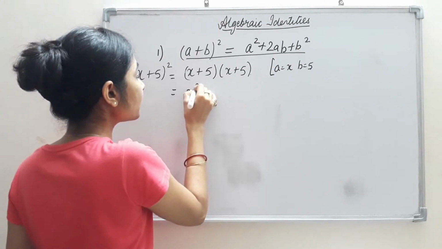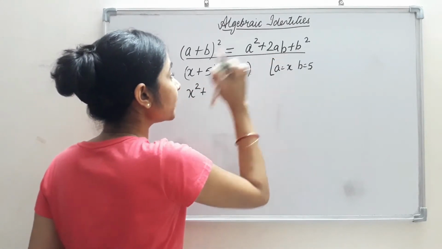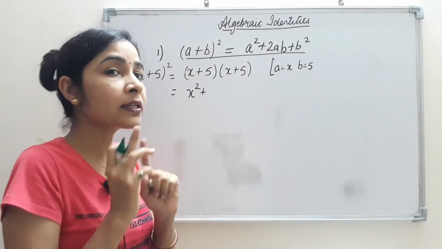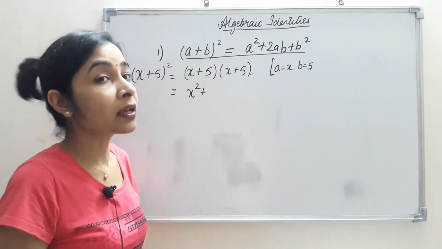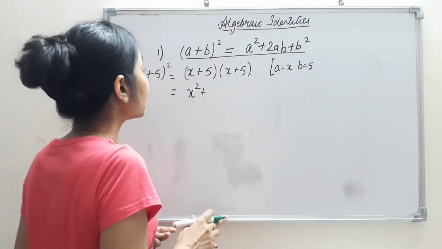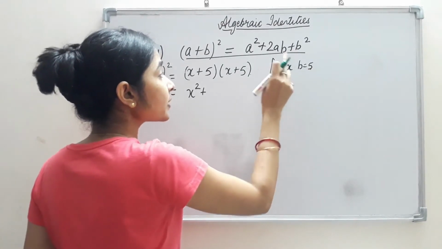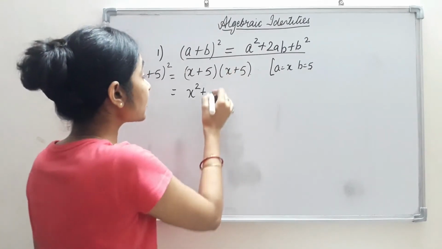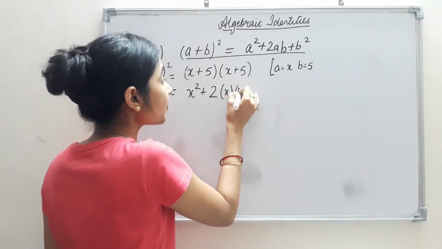So the first term will be x square, and the second term will be 2 into a into b. That means whatever is in place of a and whatever is in place of b, we take the product of it, a into b, and then multiply 2 to it. Here a is equal to x and b is equal to 5, so 5 into x is 5x, multiplied by 2 gives 10x. That is, 2 multiplied by x multiplied by 5.